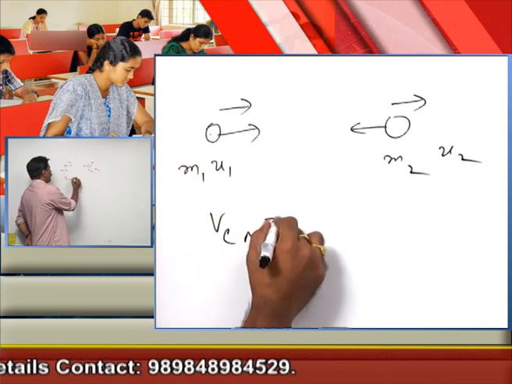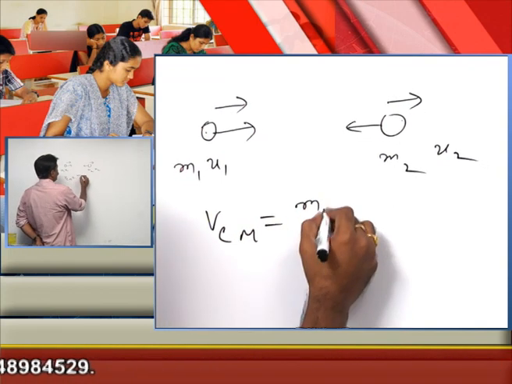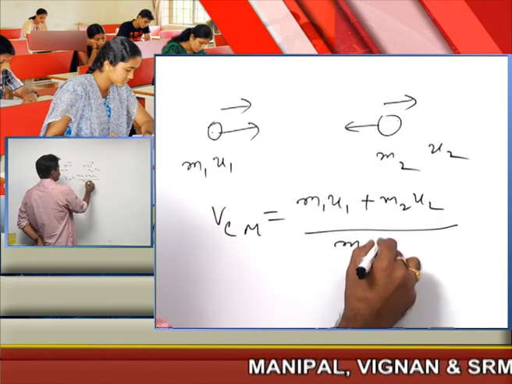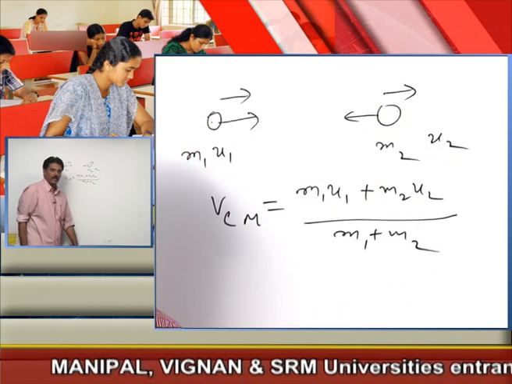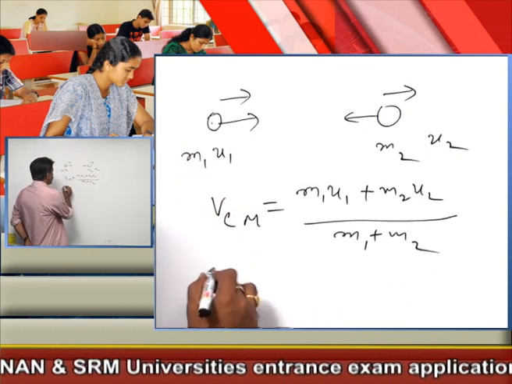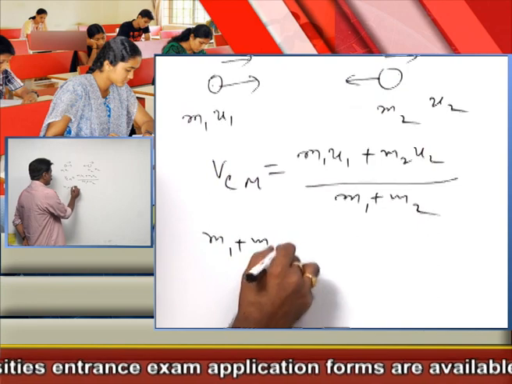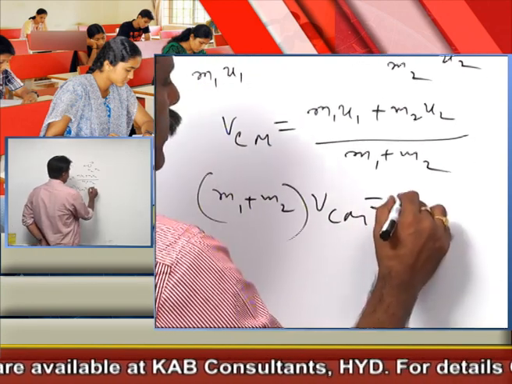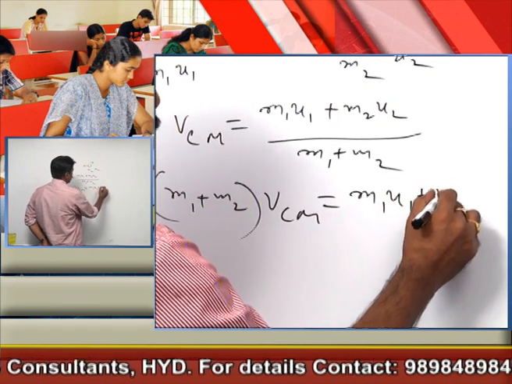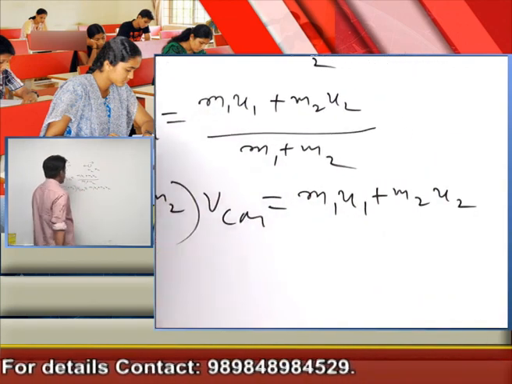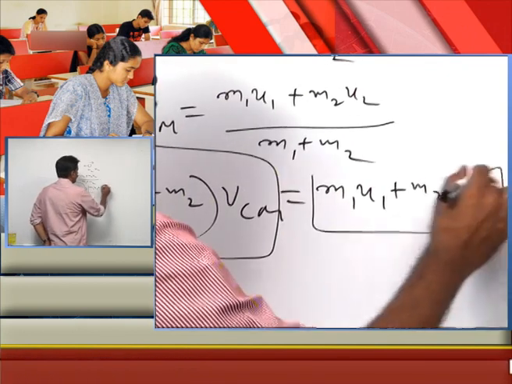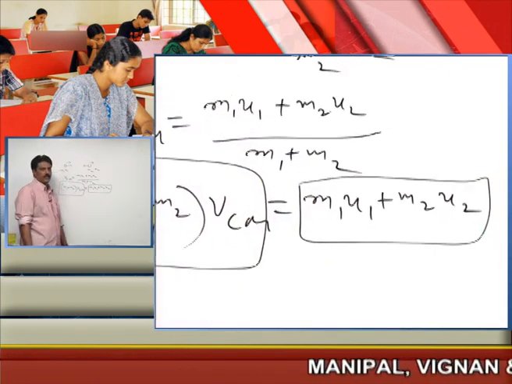Velocity of center of mass is equal to m1 u1 plus m2 u2 by m1 plus m2. You already know this formula. Now, m1 plus m2 into VCM is equal to m1 u1 plus m2 u2. That means the momentum of the center of mass is equal to the sum of the momenta of all the particles.